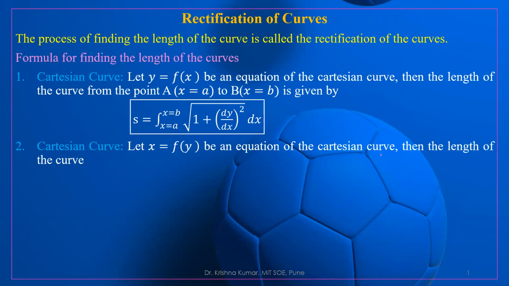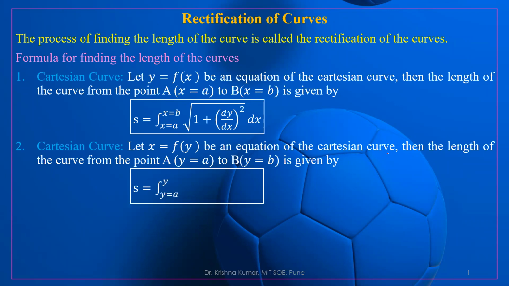Then the length of the curve from the point A, from y equal to a to y equal to b, is given by integration under the limit y is equal to a to y is equal to b of root over 1 plus (dx/dy) whole square dy. So this is for x and this is for y. In the first example x is the independent variable, in this example y is the independent variable. Now these two formulas we will use if we are given the Cartesian curve.